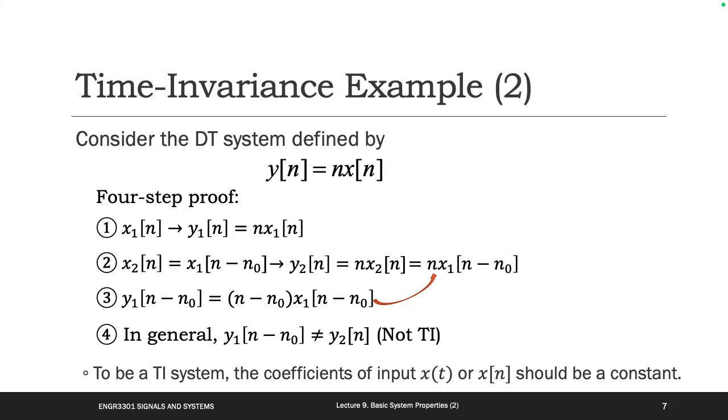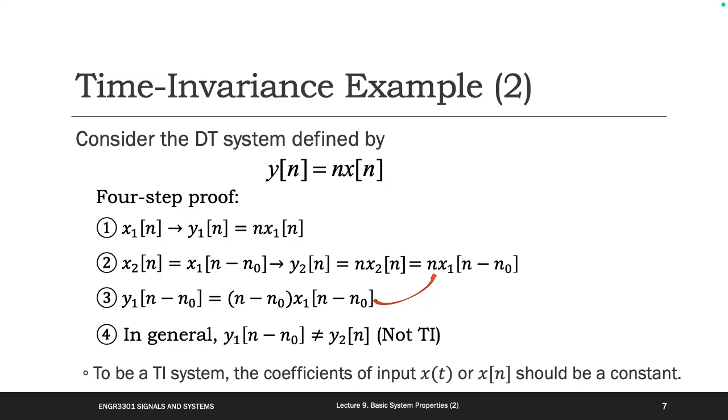Okay, then we have a conclusion. To be a TI system, the coefficient of the input x(t) or x[n] should be a constant, which means the coefficient here should be a constant. Now, n here is a time. It is a variable. Am I right?